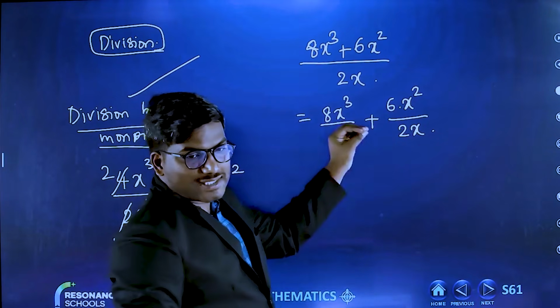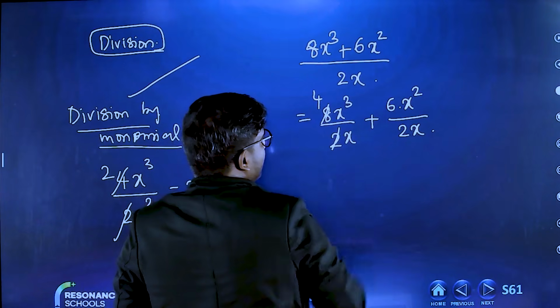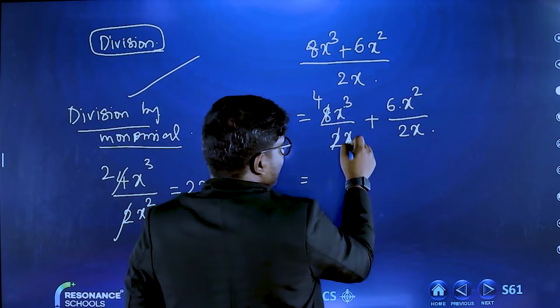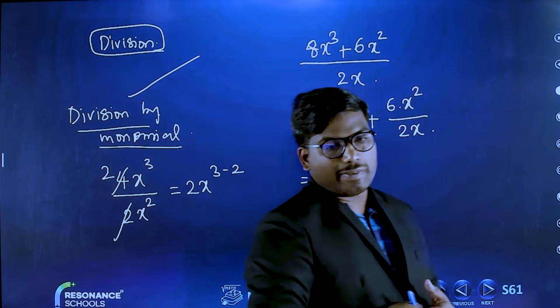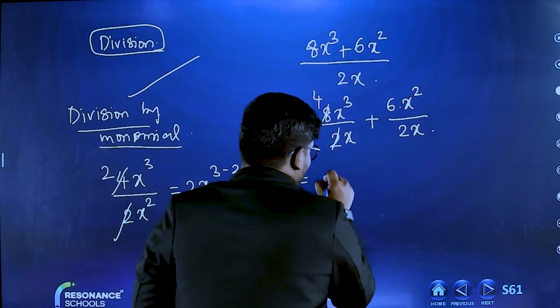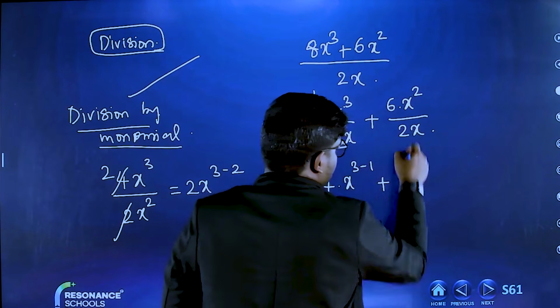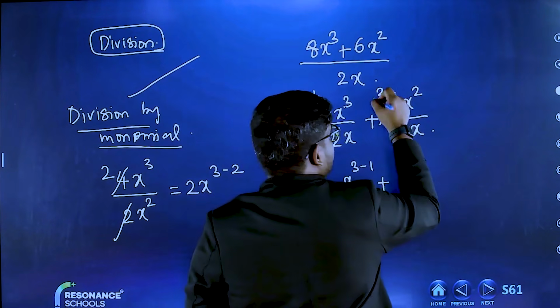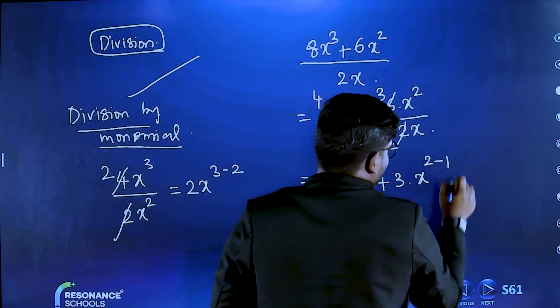Now 8x cubed by 2x, 8 divided by 2 shall be 4, x power 3 by x power 1 will be x, a power m by a power n will be a power m minus n, right? So that will be 4 times x raised to the power 3 minus 1 plus 6 divided by 2 will be 3, and it will be x power 2 minus 1.